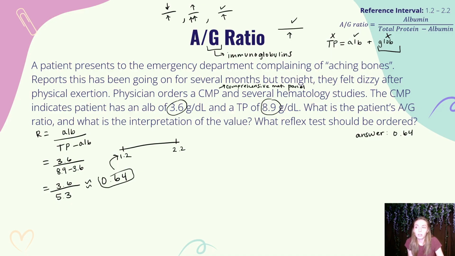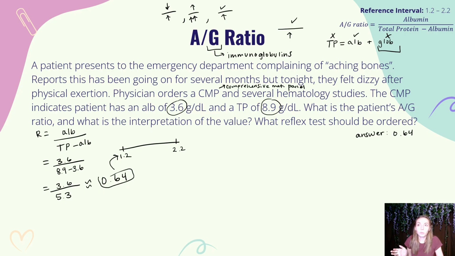So if I have an elevated globulin amount as opposed to elevated albumin, like my albumin's normal and I have high globulins, one of the first things I need to make sure is not wrong with the patient is their immunoglobulin level. I need to make sure that their distribution of immunoglobulins is good. Otherwise, I need to go out of my way to check that it's not immunoglobulins causing the issue, right?